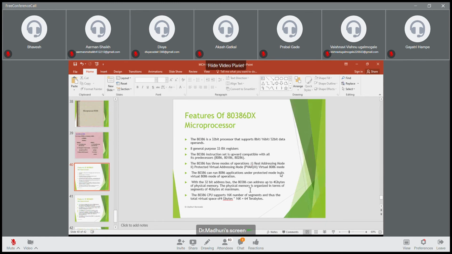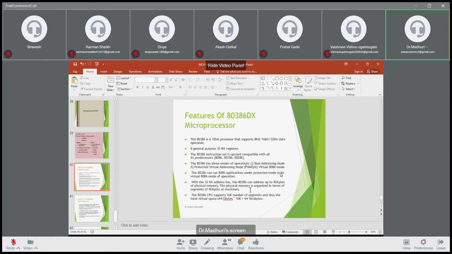The 80386 applications run under protected mode in its virtual 8086 mode of operation. With the 32-bit address bus, the 80386 can address up to 4 GB, that means it has 4 GB of physical memory, and that memory is organized in segments of 4 GB at a maximum.